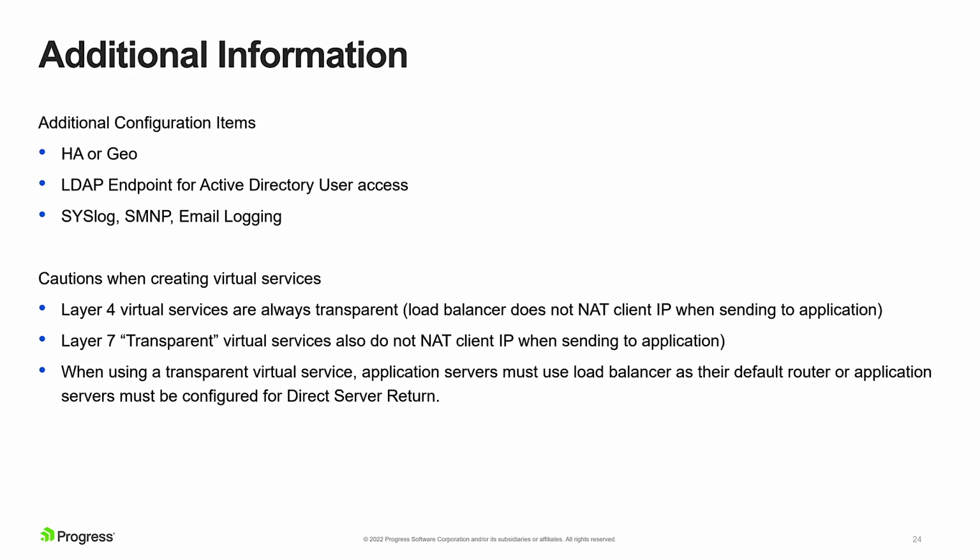There are additional configuration items you'll want to do for most organizations. Once they've configured the individual LoadMaster appliance, if they're going to have an HA pair, a high availability pair, which is one active, one standby, synchronizing information between the two of them, what they'll do is they'll configure two appliances, license two appliances.